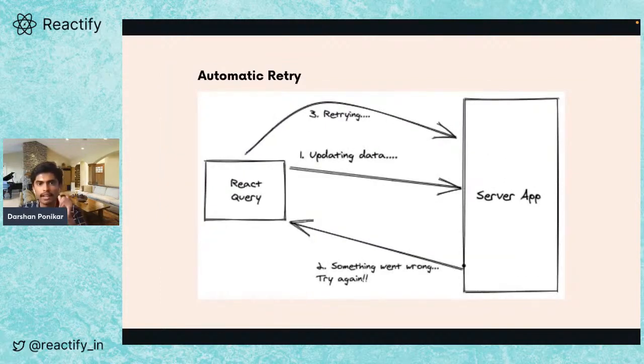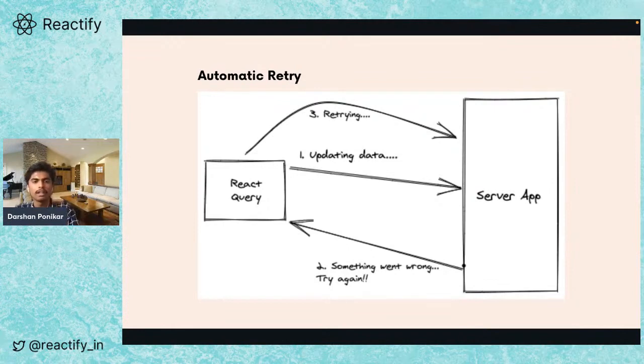Another thing is automatic retry, which we have seen in modern applications. Let's suppose you are fetching some data on the client, and somehow it went wrong. You would press a try again button, and the data would be fetched again.